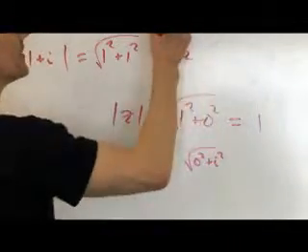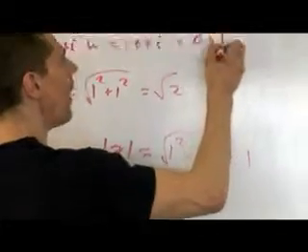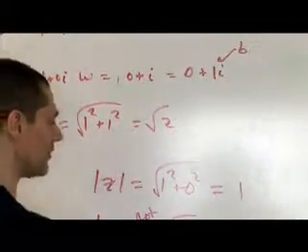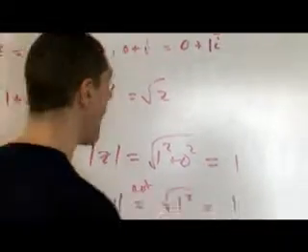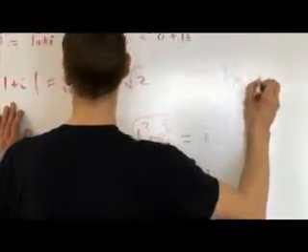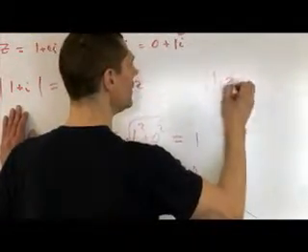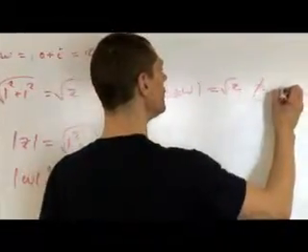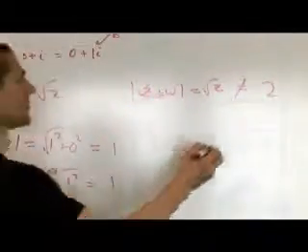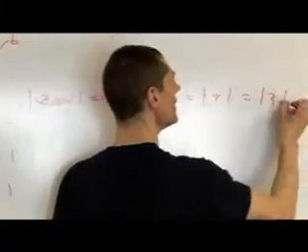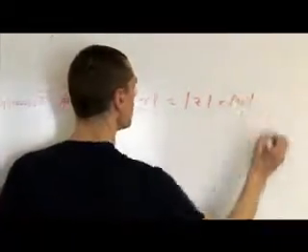Remember, this is really 0 plus 1i, so here b is 1. So this is 0 squared plus 1 squared. This is 1. So what do we have? The modulus of Z plus W, and I wrote it wrong earlier, is equal to the square root of 2, which is not equal to 2, which is 1 plus 1, which is the modulus of Z plus the modulus of W.